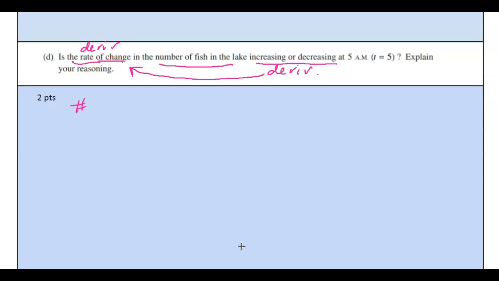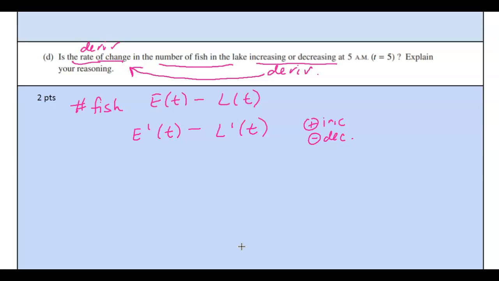So the number of fish, remember, was E, how many are coming in, minus how many are leaving. So if I want to know the derivative of that, then we're going to do E prime minus L prime. Okay? And then if that's positive, it means it's increasing, and if that's negative, it means it's decreasing. Okay?